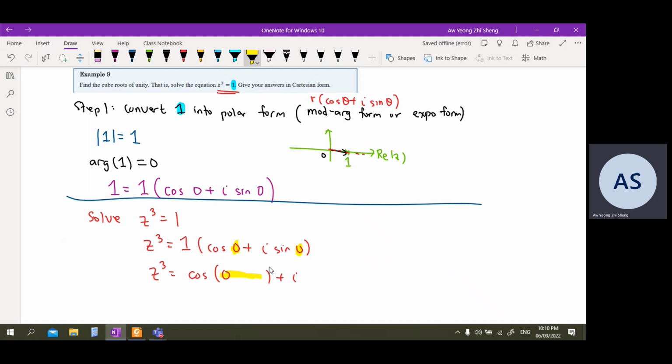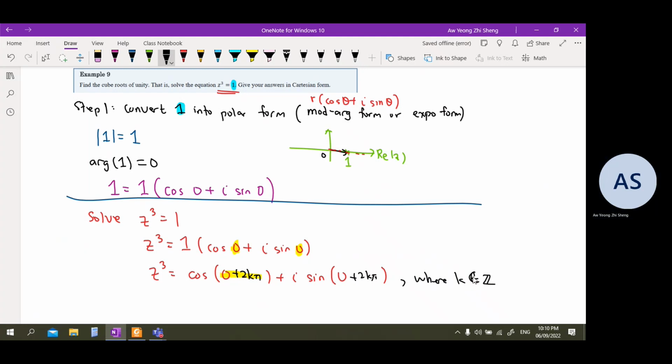So this 0 you write as 0 plus 2k pi, and the same here, 0 plus 2k pi, where k can be any integer.